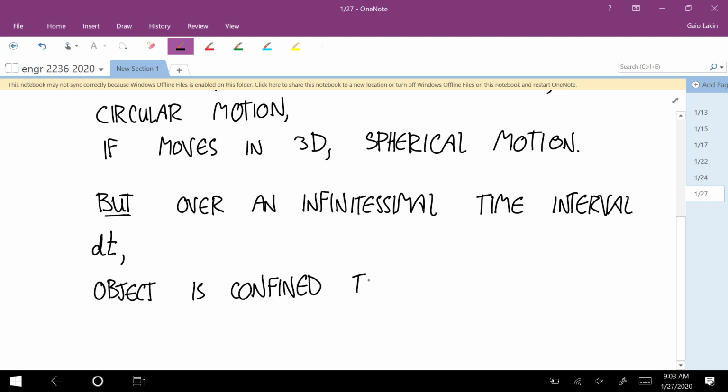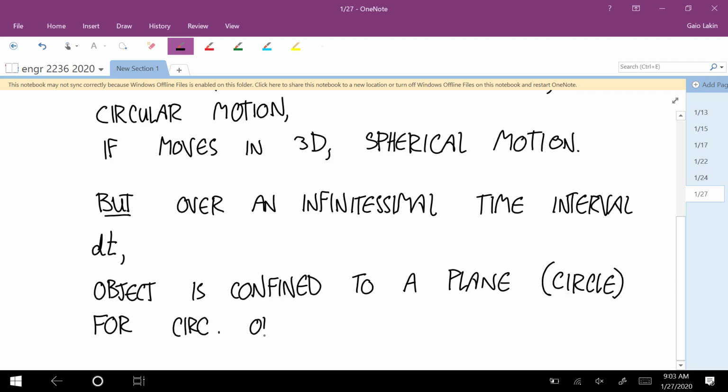In other words, it's staying along a circular path, not a spherical path, for circular or spherical motion.